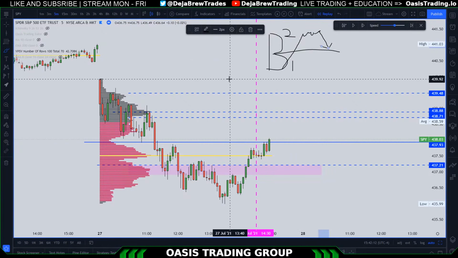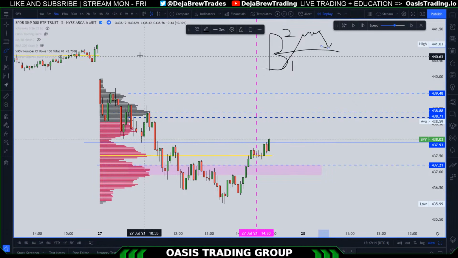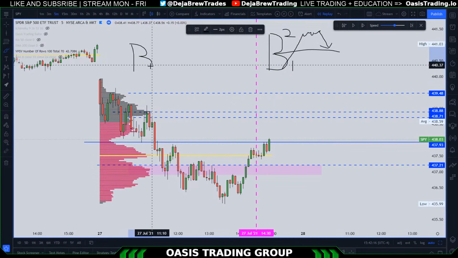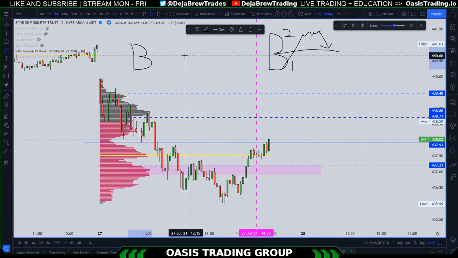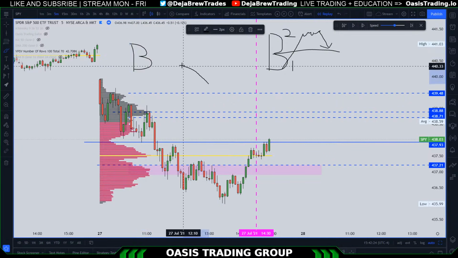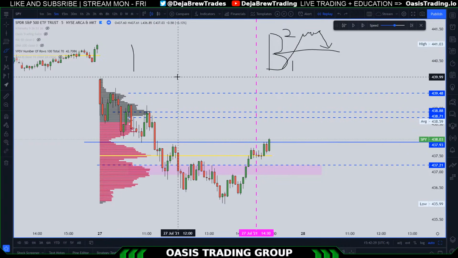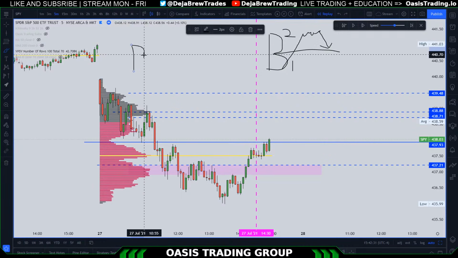Because a capital B is almost a perfectly balanced profile. Almost. The only thing it has to do to become perfectly balanced is fill in the middle. So if the market wants to be efficient, it will start filling in the middle.